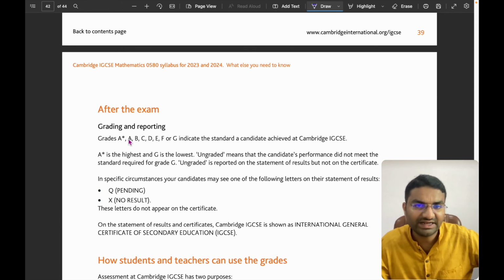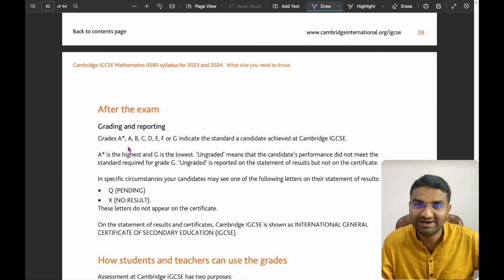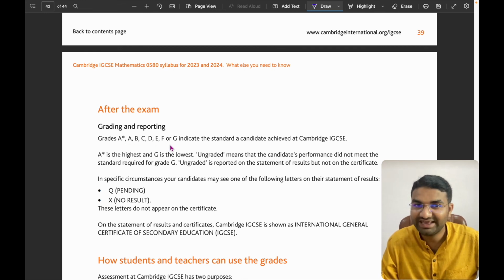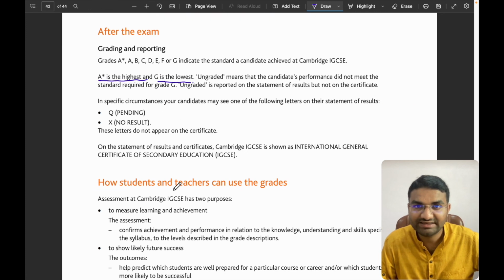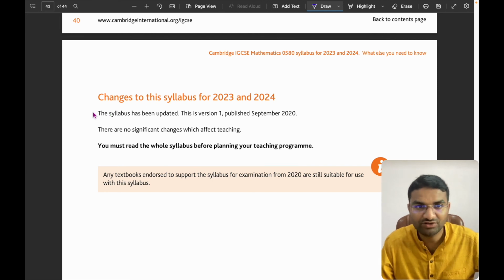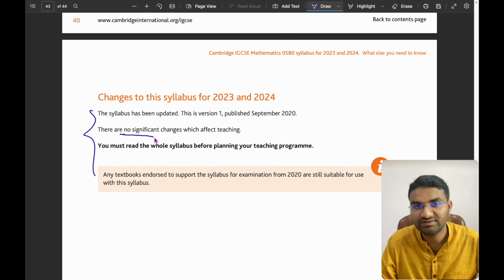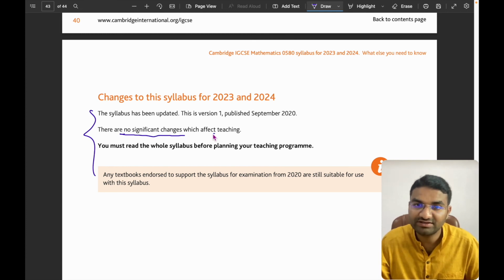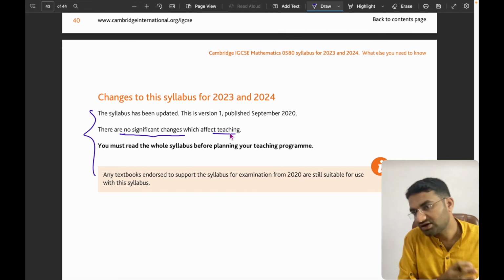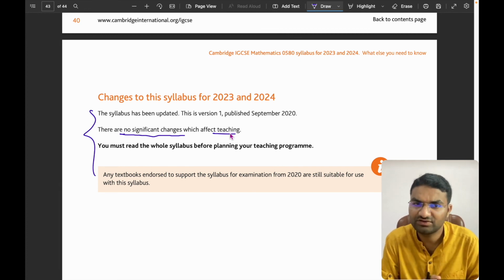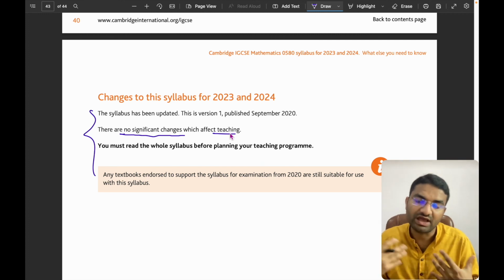Then after the exam you will have grading from A star, A, up to G. A star is the highest, G is the lowest. Okay, they have even given the note that the syllabus has been updated. Fine, there are no significant changes which affect the teaching compared to the earlier syllabus. So it's the same, you can use the same textbook which is endorsed by the Cambridge board.